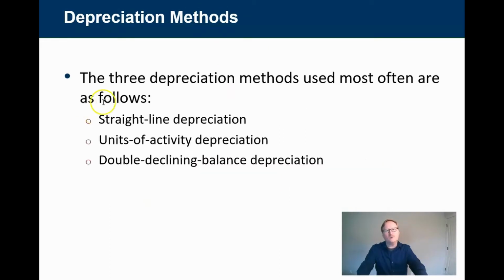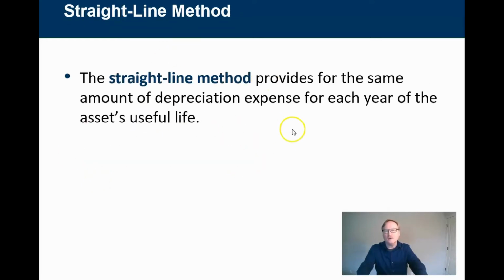So the first one that we're going to talk about is straight line depreciation. Here are the three: straight line depreciation, units of activity depreciation, and double declining balance depreciation. Straight line is obviously what we really think of when we think about depreciation.